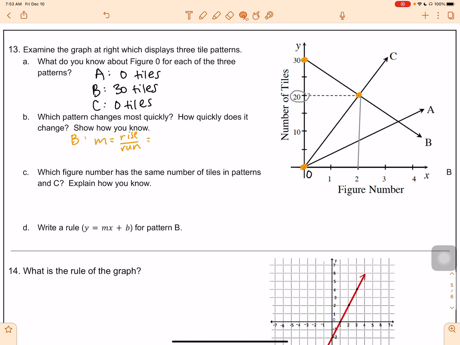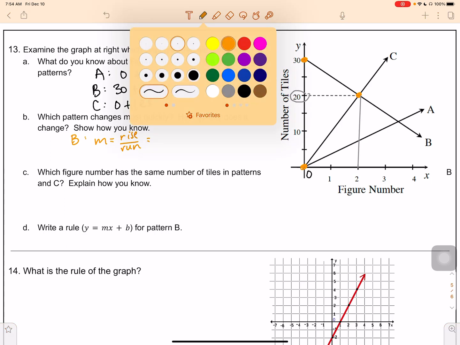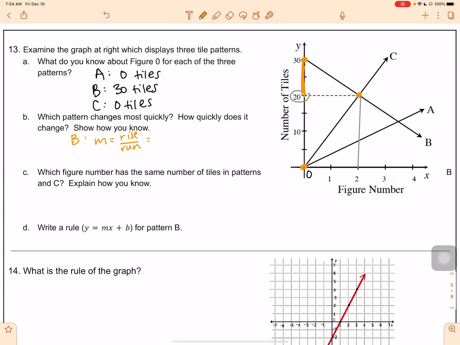Okay, so when doing this, I have this rise. You can see that B is a negative slope because it is going down. So I know it's going to be negative. And I go down for my rise. That's a change of 10 because I'm going from 30 to 20.